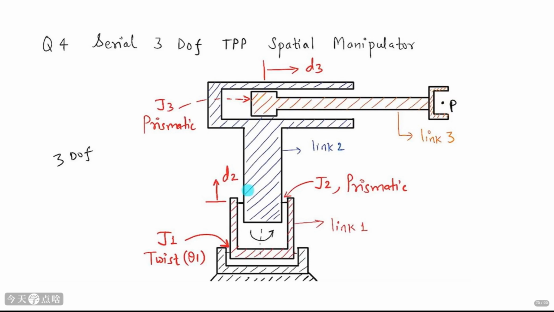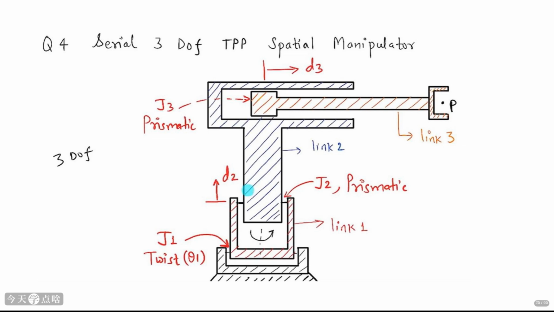Let's look at another example, a 3-DOF manipulator with 2 prismatic joints. This robot has a revolute joint, J1, controlled by angle theta 1, and 2 prismatic joints, J2 and J3, controlled by displacements d2 and d3. The diagram shows the structure. The DH parameter table needs to reflect this configuration. For joint 1, theta 1 is variable, d1 equals 0, a1 equals L1, alpha 1 equals 0. For joint 2, theta 2 equals 0, d2 is variable, a2 equals 0, alpha 2 equals 0.